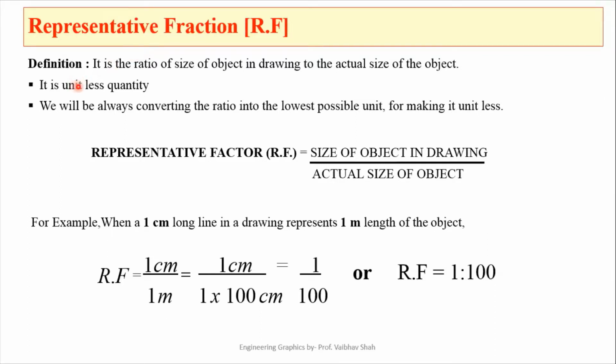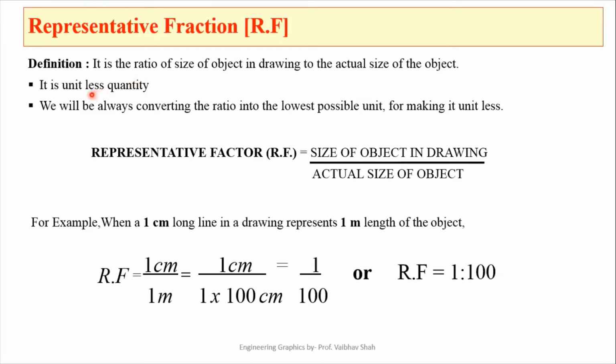Now, let us understand it more clearly by its technical definition. It is the ratio of the size of the object in the drawing or drawing sheet to the actual size of the object, meaning your real object.